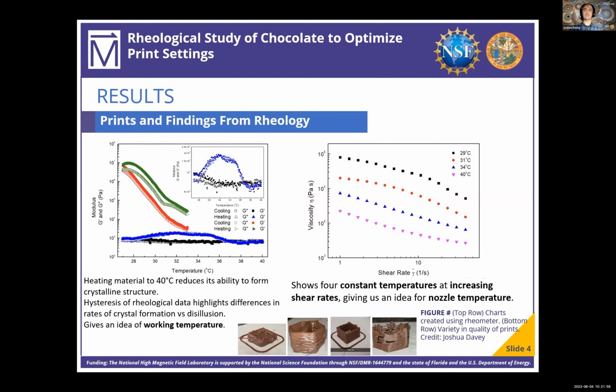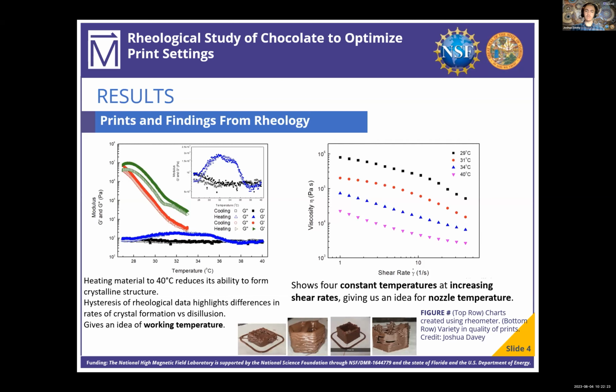There's some structure, but it's not nearly enough to store as much elastic potential energy as the other. What this graph tells us as far as optimizing our settings for printing is it gives us a good working temperature range, a good place where we can get our chocolate to and hold it there.